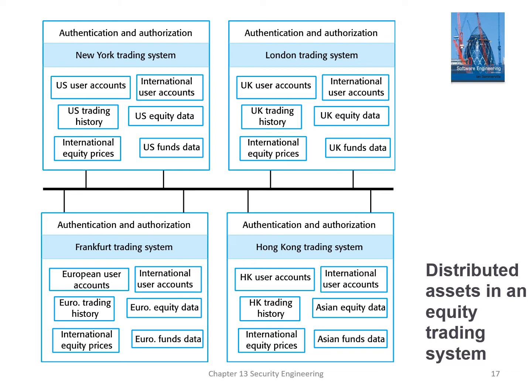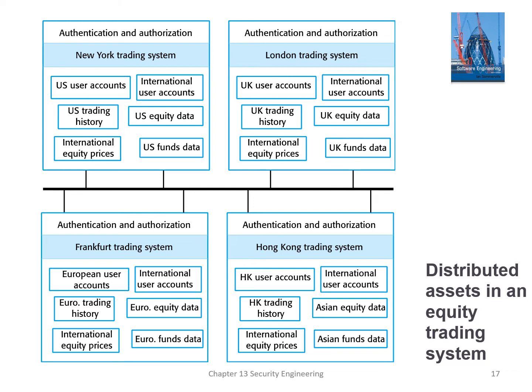In order to ensure that there is no denial of service, for example, in this case, each branch is having similar data, but specifically for that distribution. For example, the New York trading system is only having US data.